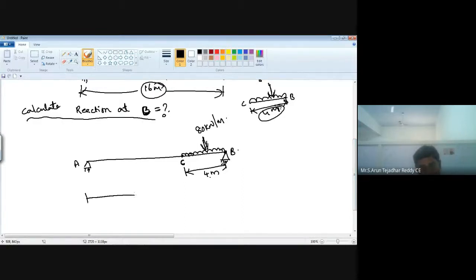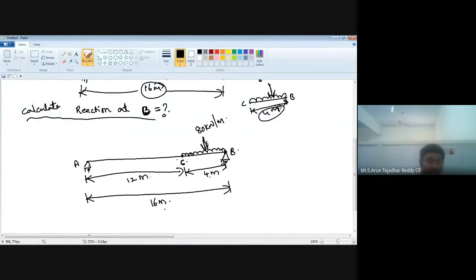So the whole span is 16 meter. But from C to B it is 4 meter. Now I need A to C. That is 16 minus 4. Then it is 12 meter. Okay.